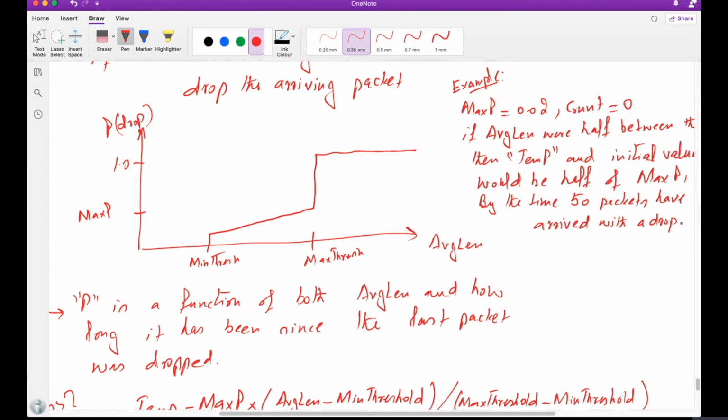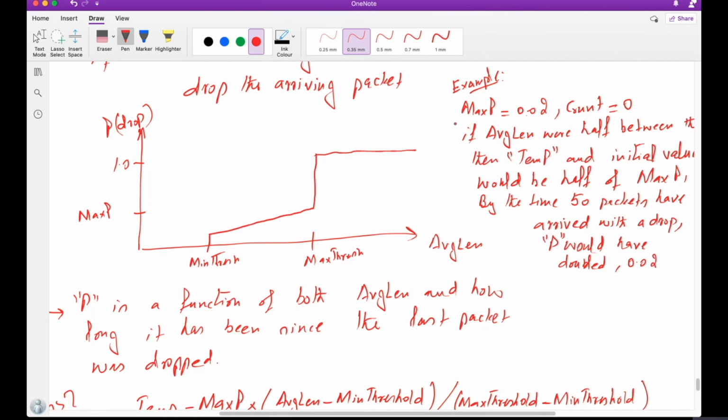So this means P would have doubled. This means this value is 0.02, which is the max P, right?